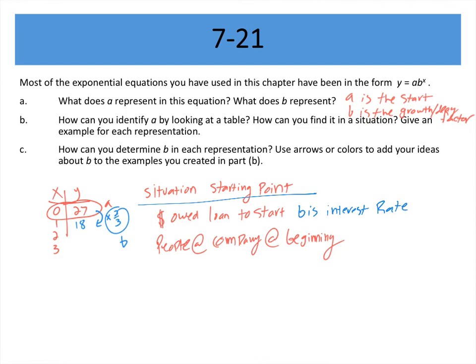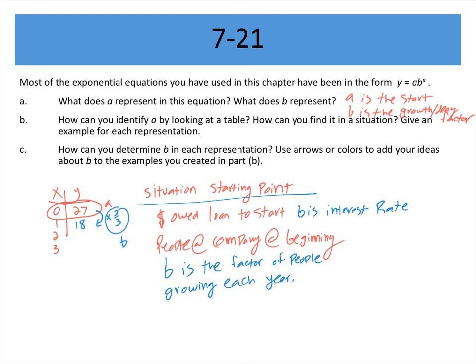And if I'm thinking about the people at a company at the beginning, the B is the factor of people growing each year.